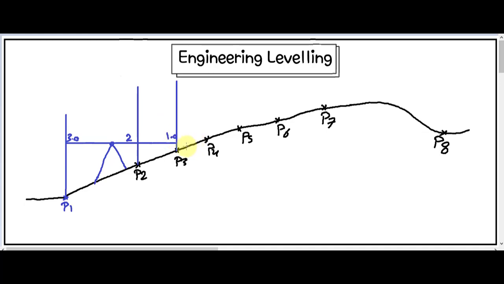After that, we can't read on the other points because of the topography of the earth, or sometimes because of the long distance between the level and the staff. So we have to move the level after the third point. Thus all previous readings were taken by one device setup. So we call this setup 1.